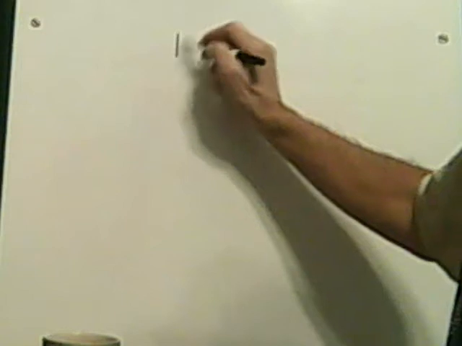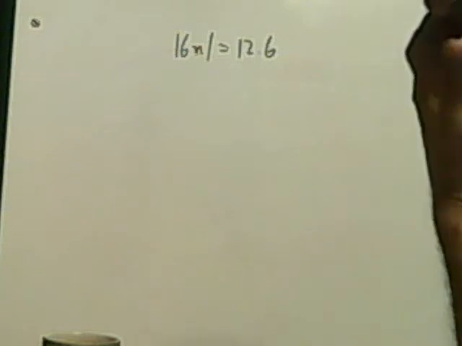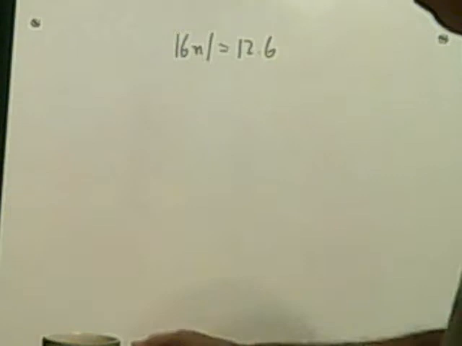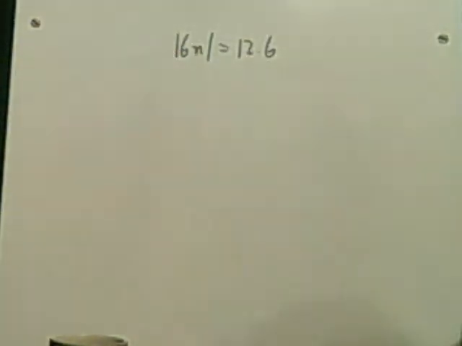Okay, now let's go to the next one. Next one is quite similar. The absolute value of 6n is equal to 12.6. Well, there are a couple of things that we can do. We could divide both sides by the 6.